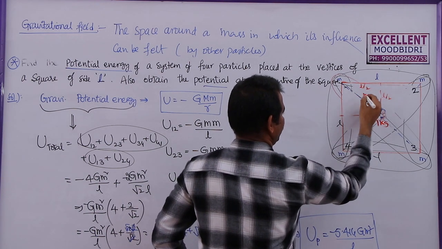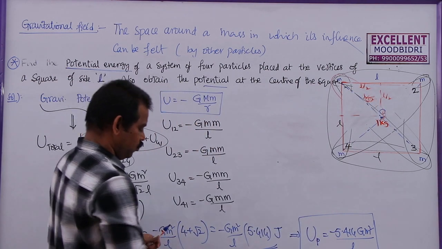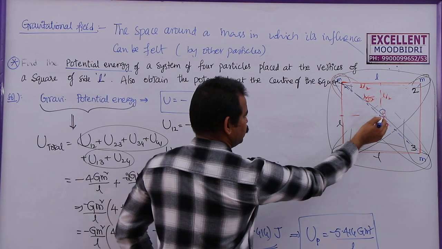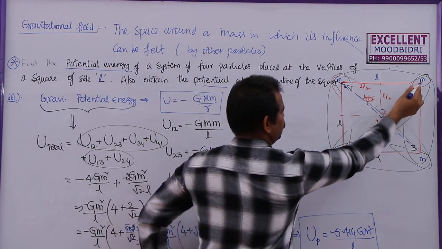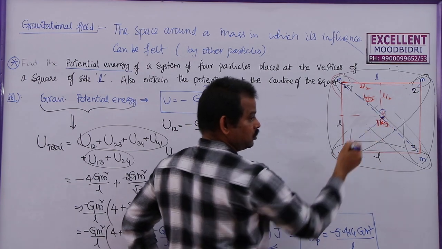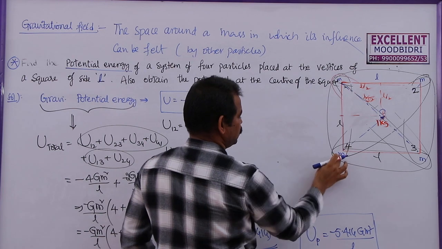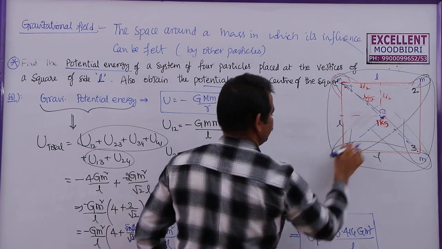This is also L by 2. This is L by root 2. Now, what is the potential energy of these two masses? So, how many pairs are there? One pair, second pair, third pair, fourth pair. Only the potential energy here due to this particle.